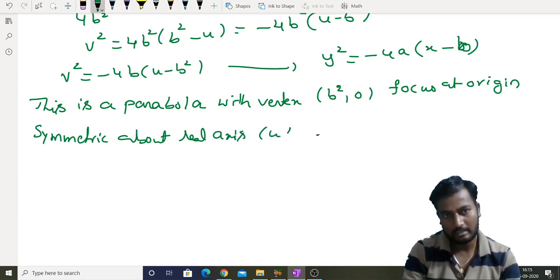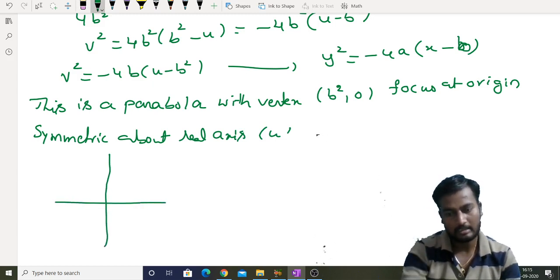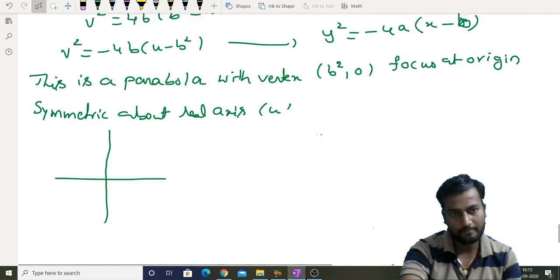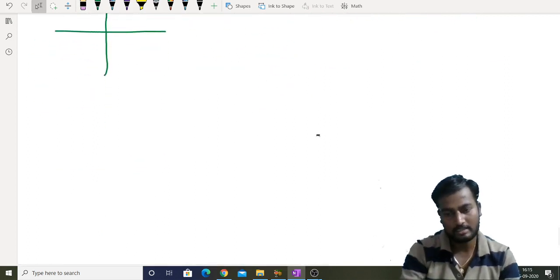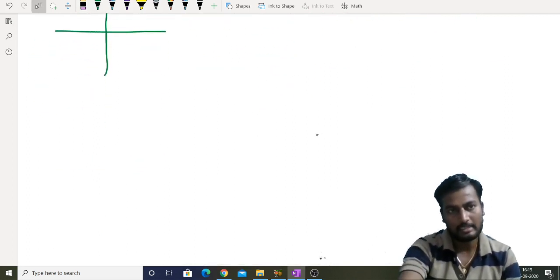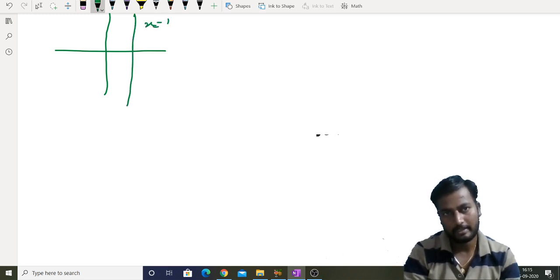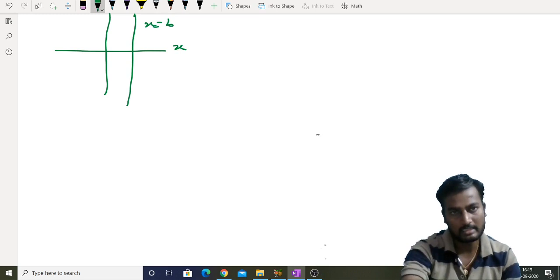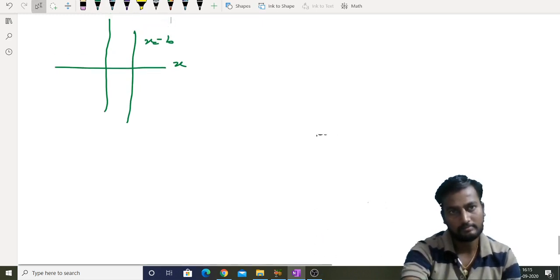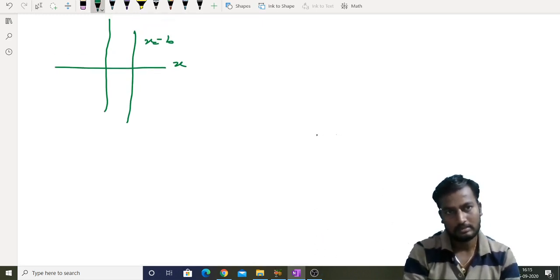Right? So this is the z plane. Under the z plane, x equal to b is parallel to the y axis.